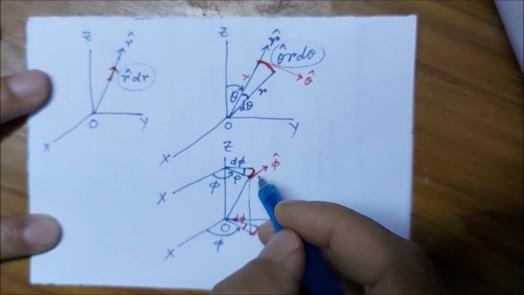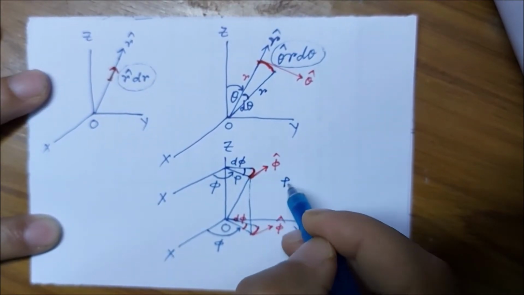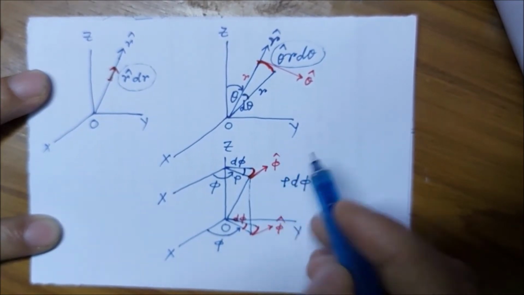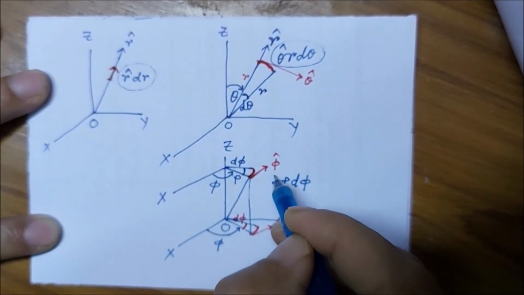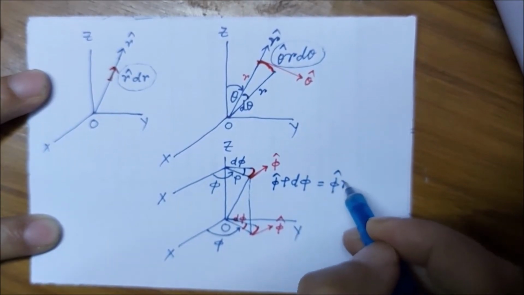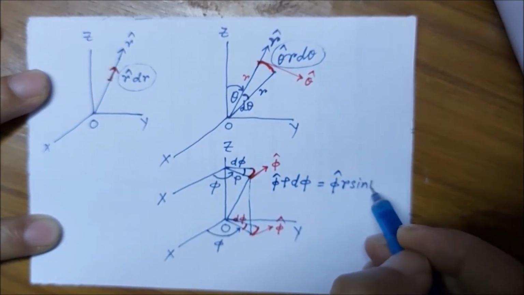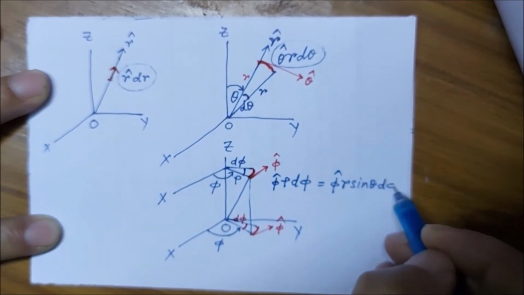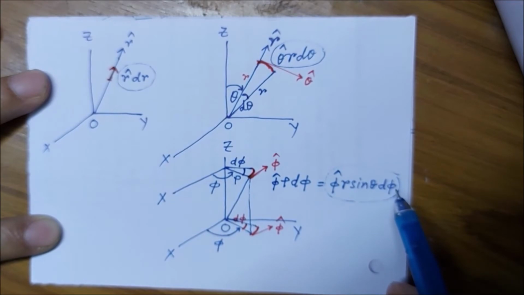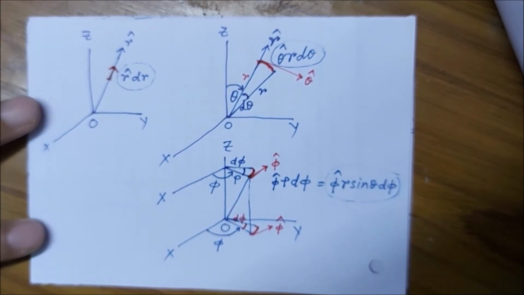So the arc element here is rho d phi, and let us attach phi cap to it. Now rho is r sine theta into d phi. This is the arc element in spherical polar coordinate system.